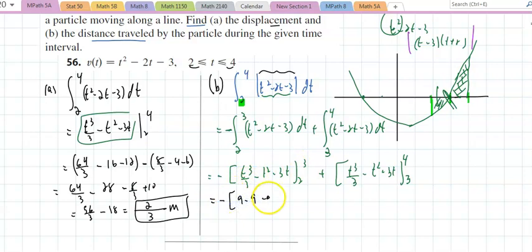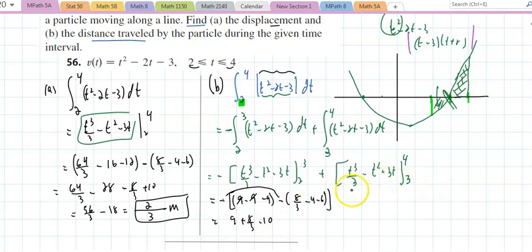Minus 9. Oh hey, many 9s. 2 cubed is 8/3 minus 4 minus 6. Right? So those cancel out. That's a 9. And this negative will cancel that negative. Plus 8/3 minus 10. Alright.